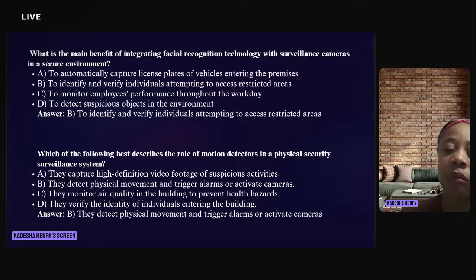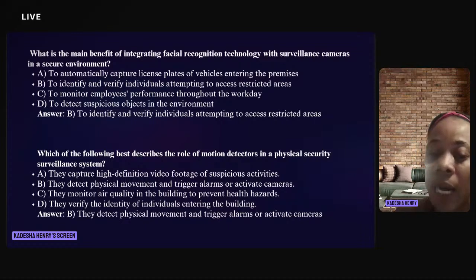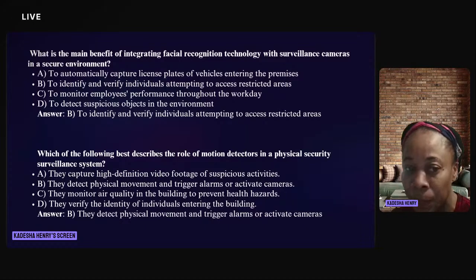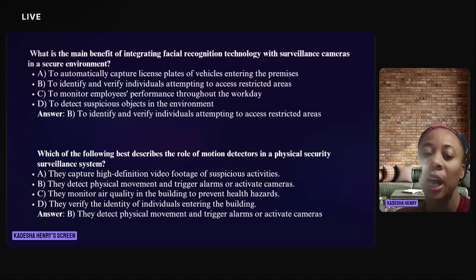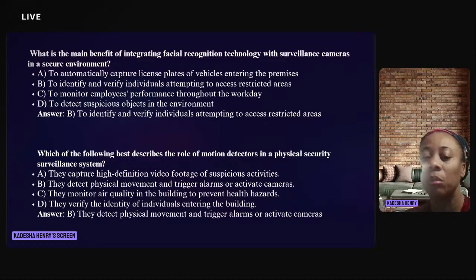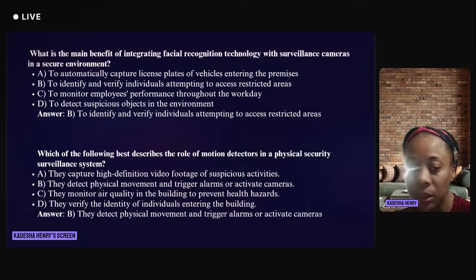Next question, which of the following best describes the role of motion detectors in physical security surveillance system? Is it A, they capture high definition video footage of suspicious activities? B, they detect physical movement and trigger alarms or activate cameras?